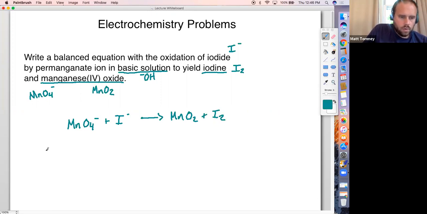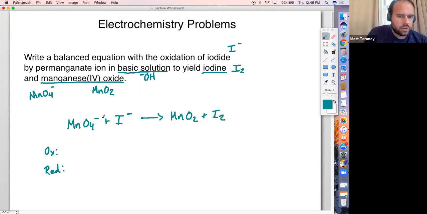Now we start with our half reactions. We're going to have an oxidation and we're going to have a reduction. At this point, you're going to need to know what's being oxidized and what's being reduced. I chose this example specifically because in the previous example, it was more obvious what was gaining an electron and losing an electron when we had the iron from the other day.